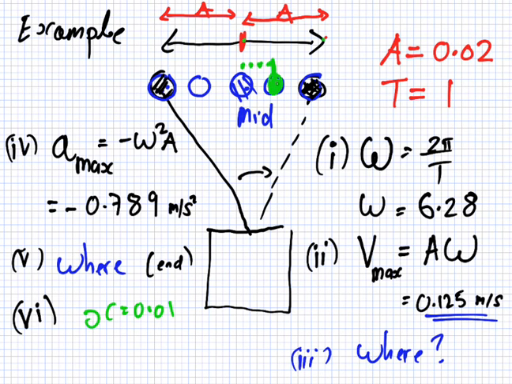So my question is, how fast is it moving when it's here? Now wait, before you start, should your answer be bigger or smaller than this? Smaller than this, because this is the fastest in the middle. And what's the speed here at the end? 0.